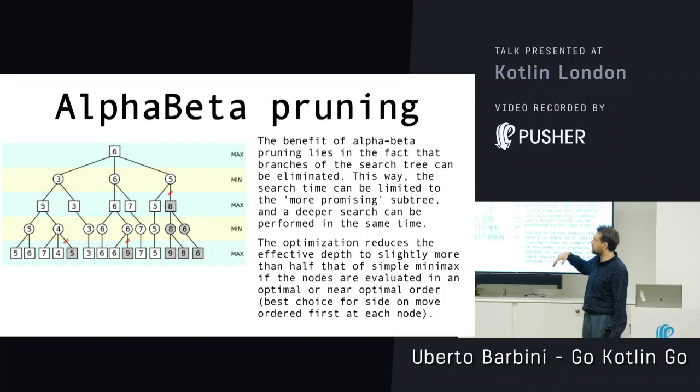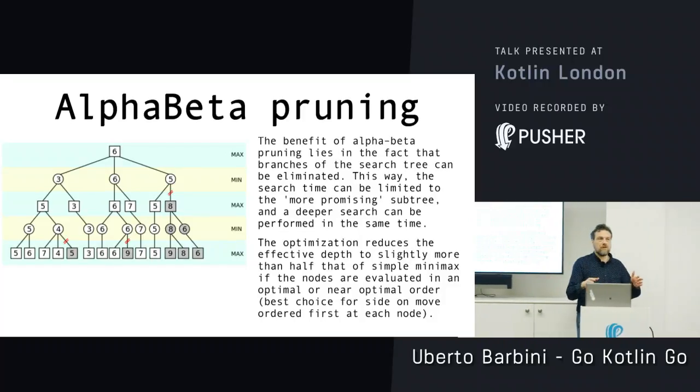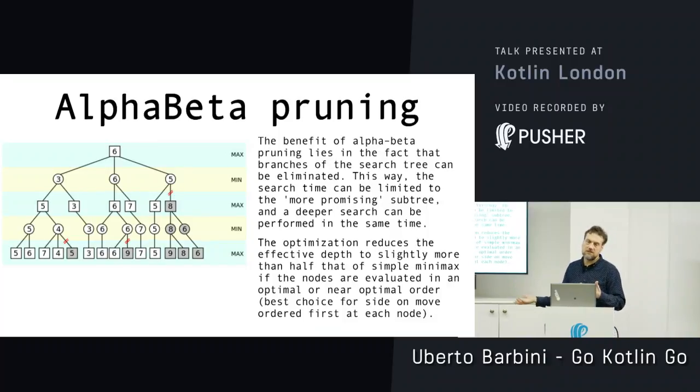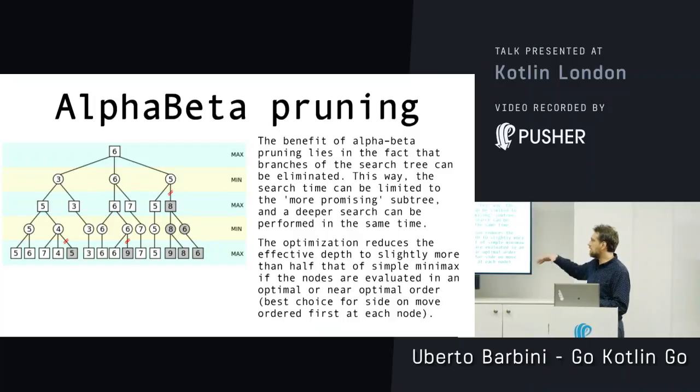So basically, if you already established that there is a move where he can kill you, it's pointless to look at all the possible responses, because you already know that he has a better move than this. In this way, you can cut a lot of moves in the evaluation. But this is still not enough for Go.